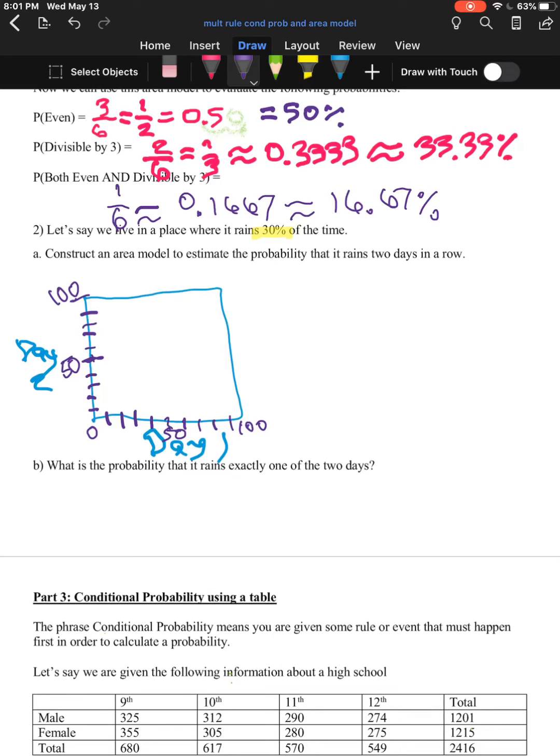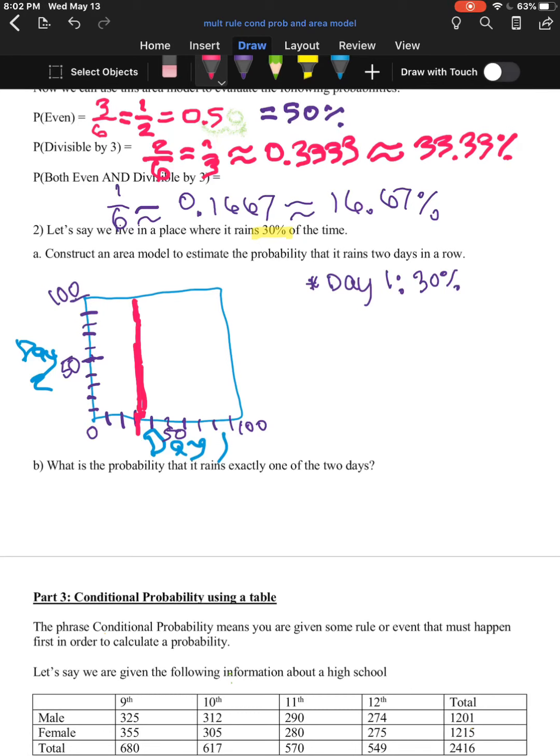Okay, now to use our information. We have day 1. Day 1, 30% of the time it rains. So on day 1, on the horizontal axis, you want to go over to the 30, so 10, 20, 30's right here, and you kind of want to draw a line up because this is going to be your 30% zone.